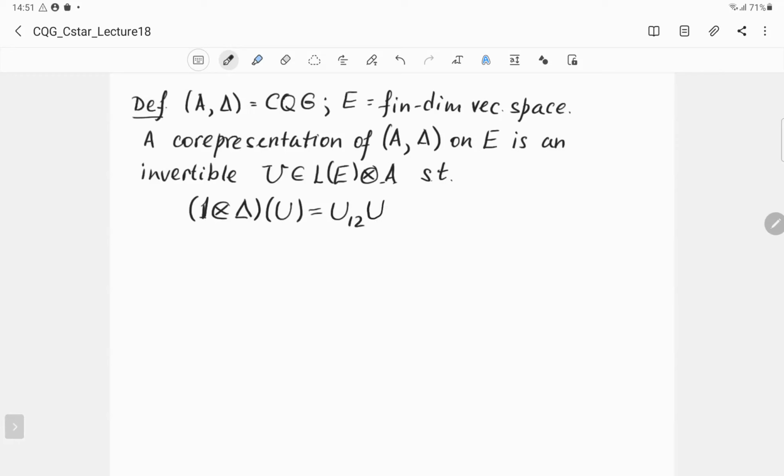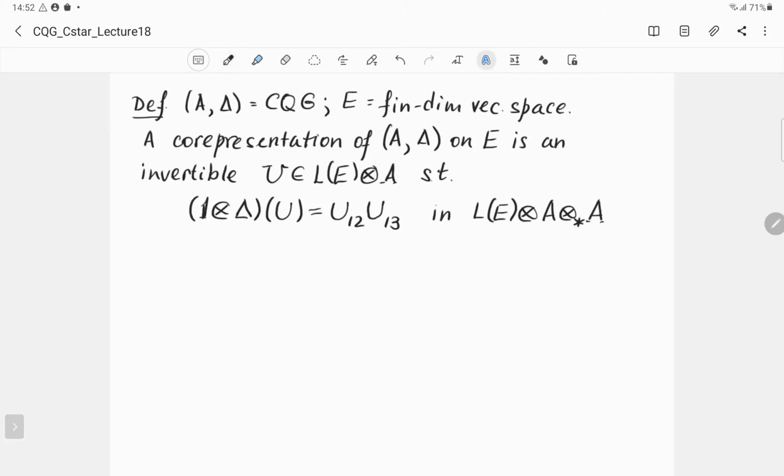So in this formula, we use the leg numbering notation, U12 and U13. These are elements in the triple tensor product, L of E, tensor A, tensor A. So the left-hand side obviously belongs to this algebra, and U12 and U13 denote the canonical images of U in this algebra under the two natural embeddings.